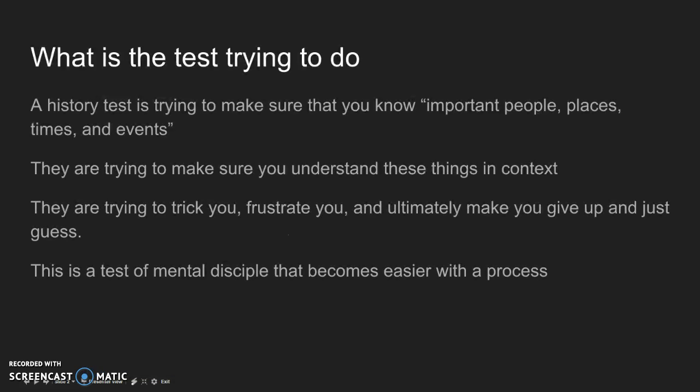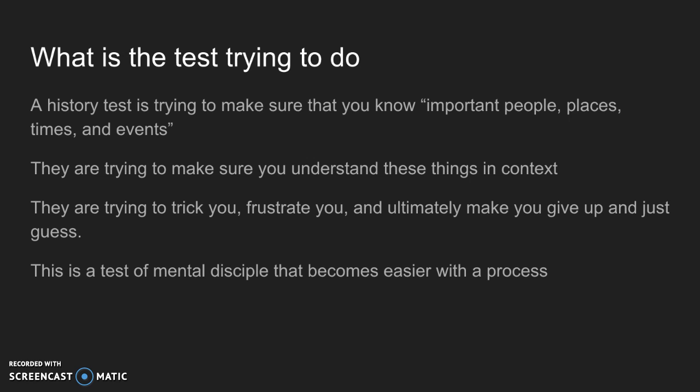So before we get into the system, we have to understand what the test is trying to do. A history test is trying to make sure that you know important people, places, times, and events. I put these in quotation marks because you have to understand that they decide what is important, whoever the test maker is.